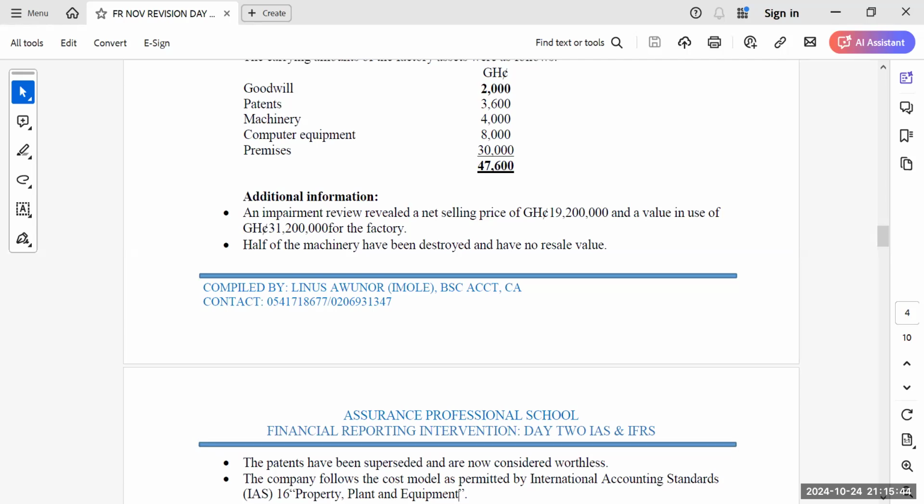So the only impairment is the 2,000. We don't have to factor that one again. The only part of the machine that has impaired is the 2,000 that we have taken already. The remaining one is assumed not to be impaired.